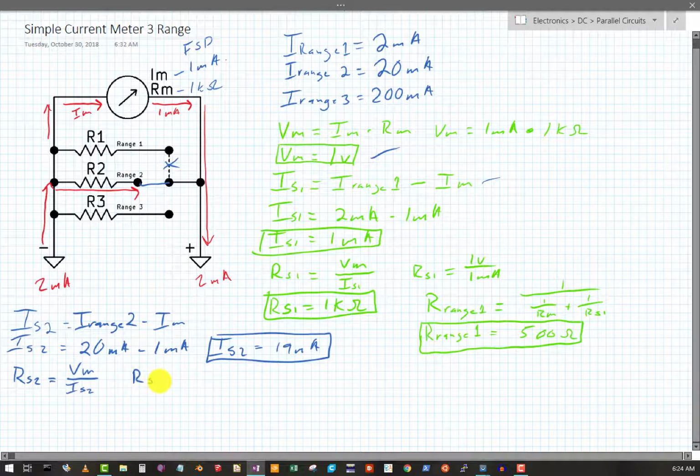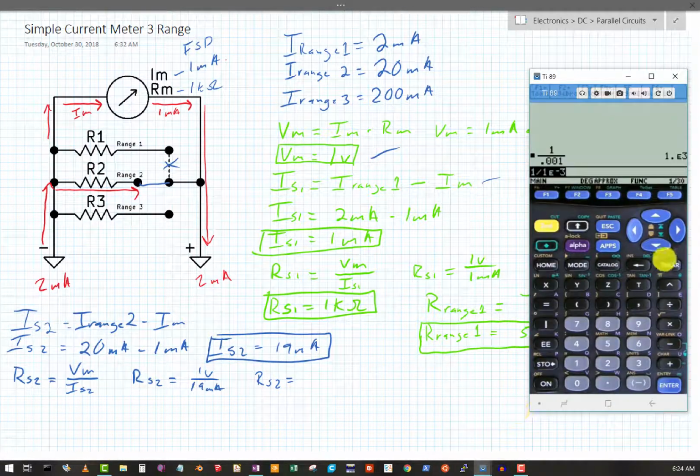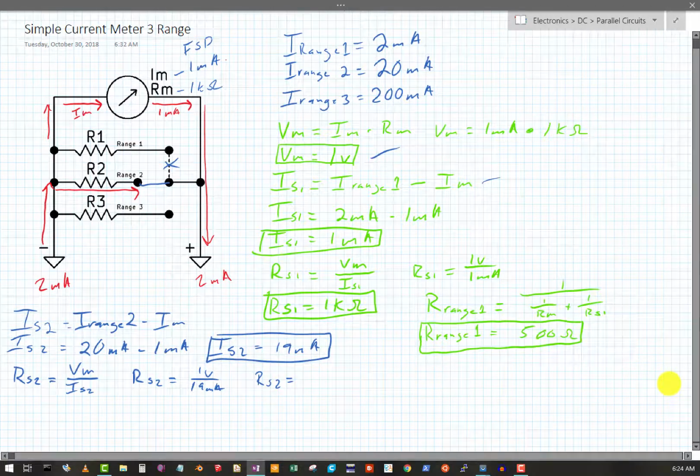So RS2 is 1 volt over 19 milliamps, which is 1 divided by 19 milliamps. I'm getting for this one 52.63 ohms.